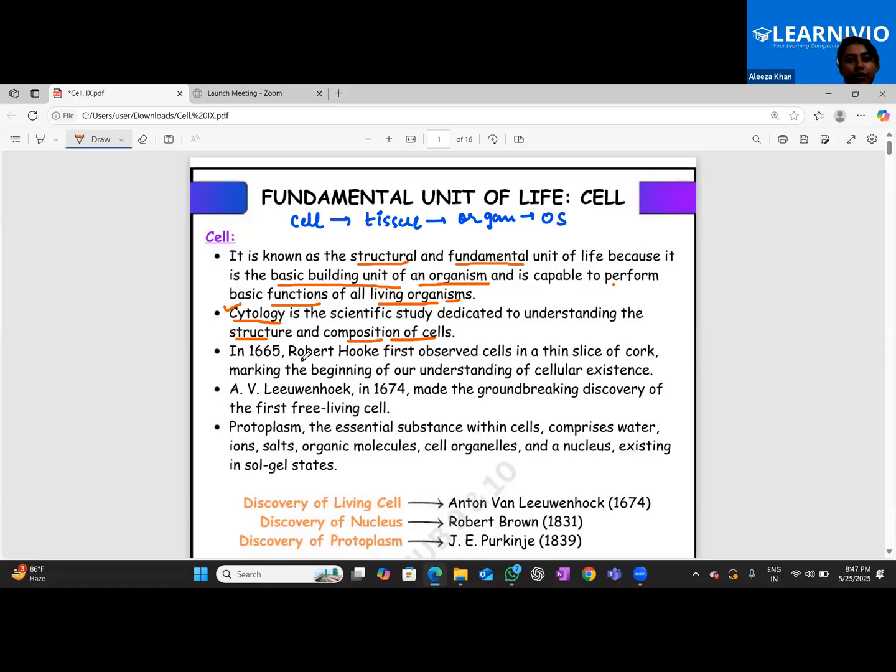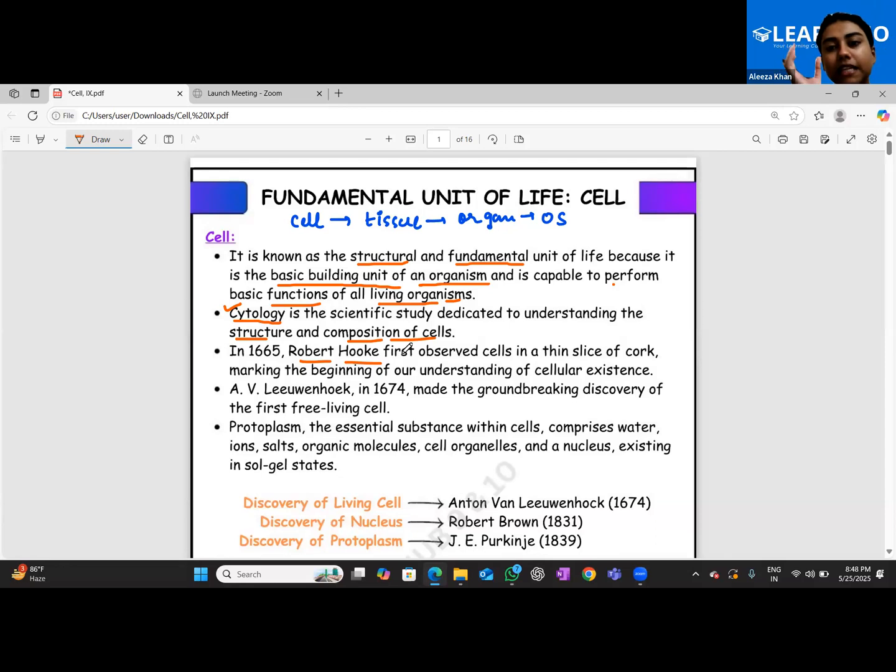Okay. Abdullah, can you tell me who discovered the cell first? Robert Hooke. Very good. Robert Hooke was a scientist who discovered the cell. How did he discover it? With the help of a microscope. On which thing did he do the experiment?